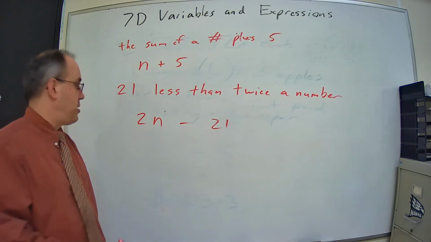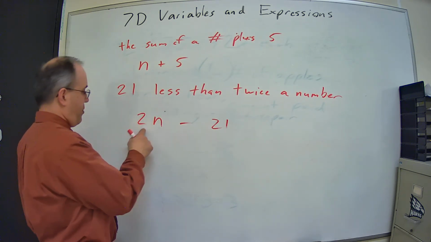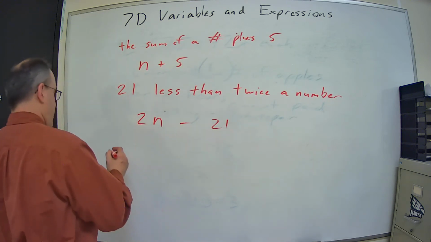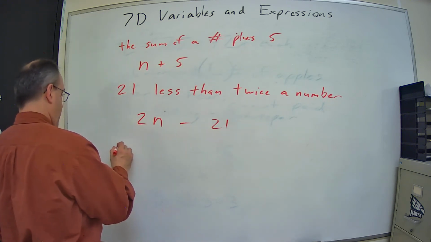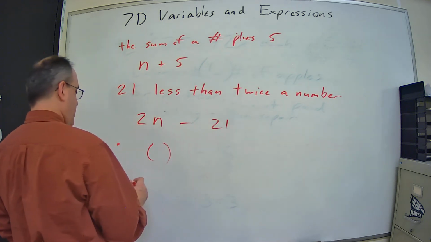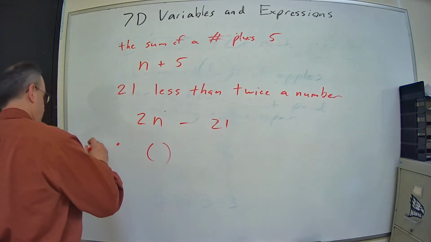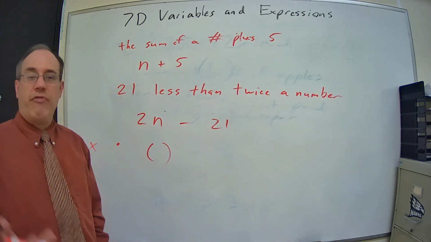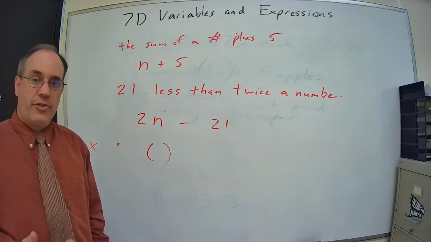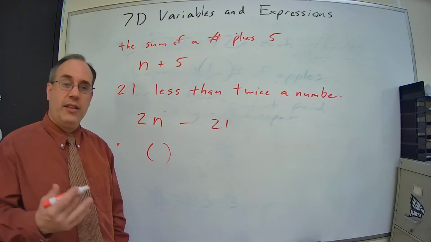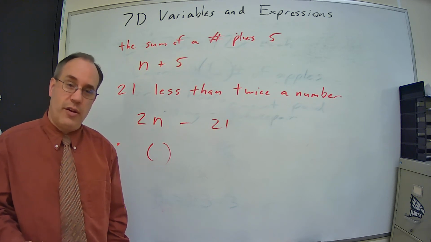Now notice that I put the 2 and the n right next to each other. We've said that multiplication can be indicated by a dot. It can be indicated by parentheses, right? It can be indicated by that x there. Well, when you're dealing with variables, with letters, multiplication can be indicated by just putting the things right next to each other.